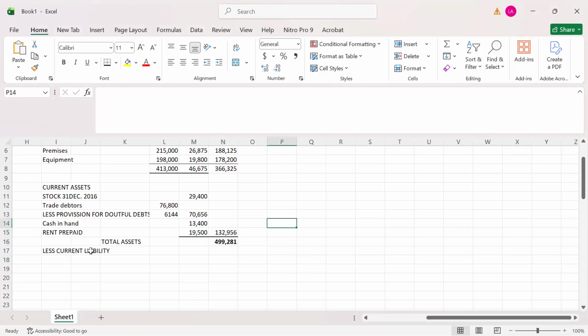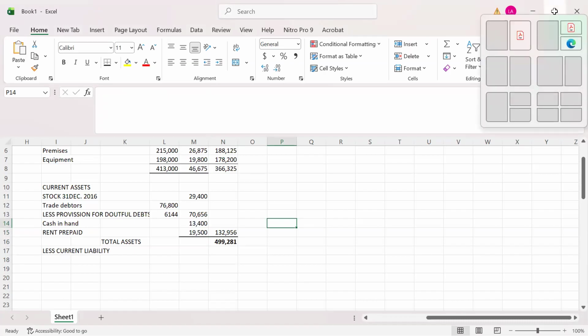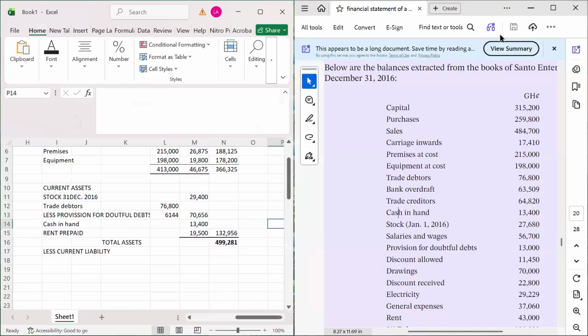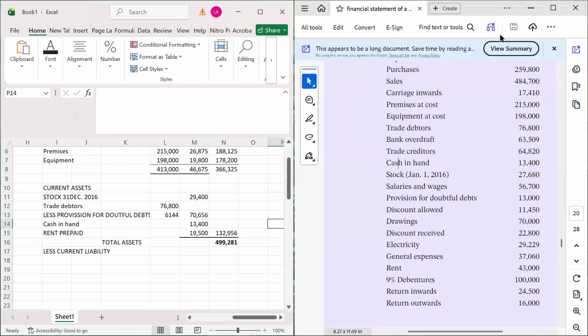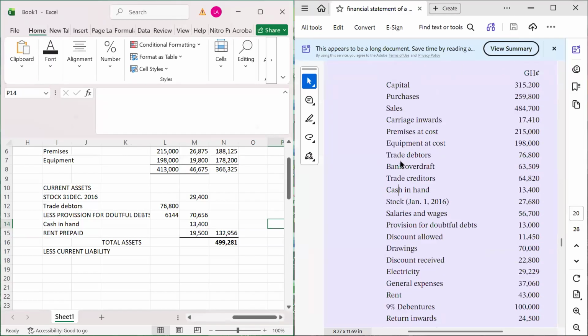Then current liability. So let's go back to the question. Now, what are the liabilities? The first liability is trade creditors. This one. What is that? 64,820.